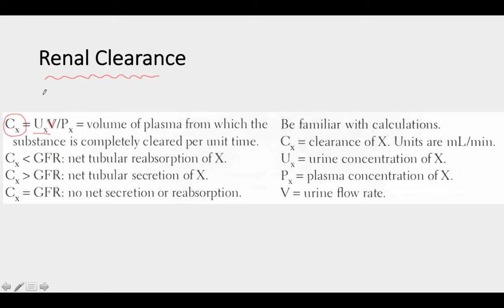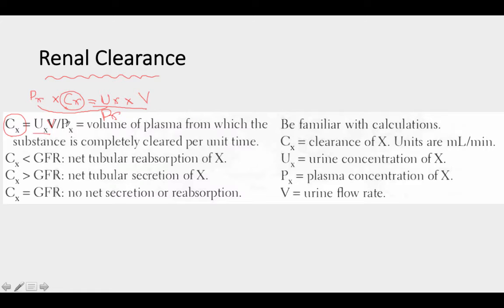And why this formula works is that the plasma concentration of X multiplied by the clearance rate of X has to equal the urinary concentration of X times the urine flow rate. So if you want to find C, the clearance rate of X, you divide all this by Px, the plasma concentration of X. That's why this formula works.